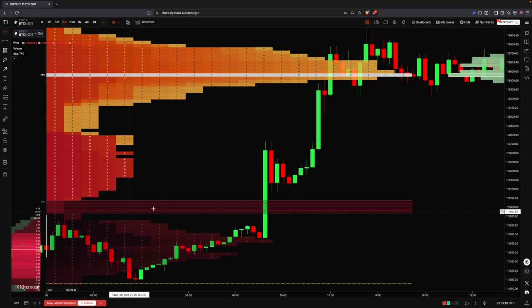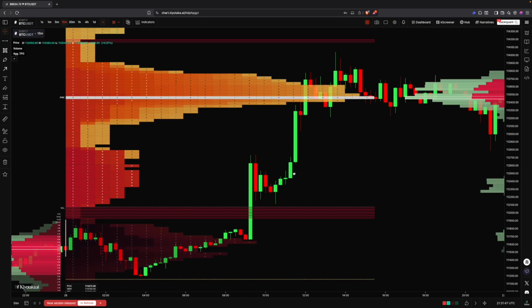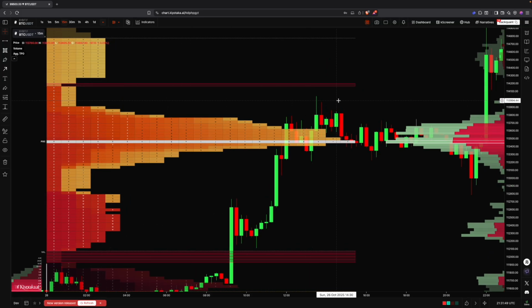So you can expect that since there was aggression from the buy side pushing price higher here, if price revisits this level, buyers will be willing to defend their position or reaccumulate, because the strong aggression is what initiates the trend. And they say you want to trade in the direction of the trend most of the time. So you can use these single prints as points of reference to look for continuation or reversal of trades.